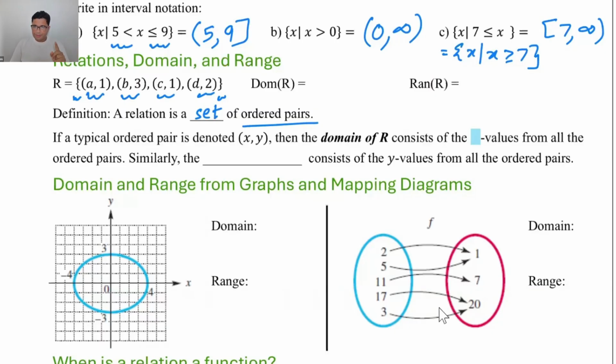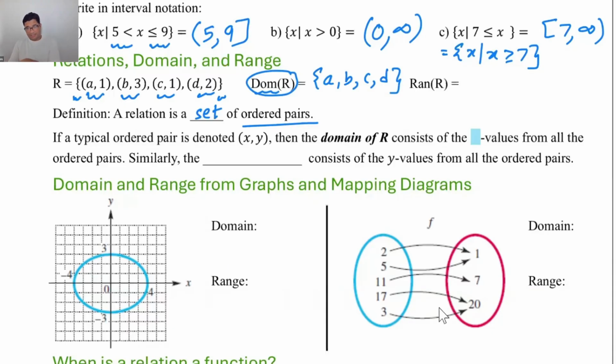And all the first elements are called domain elements. DOM for shortcut, the domain of the relation R. So when I write this symbol here, it is read as domain of R. The domain of R here contains, see, the domain itself is a set again: A, B, C, and D.